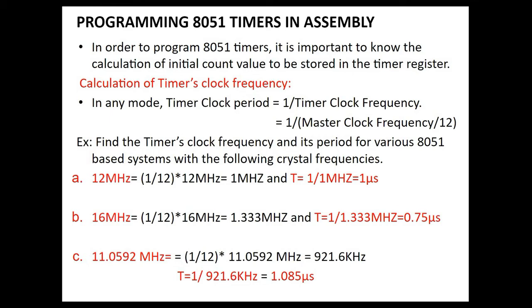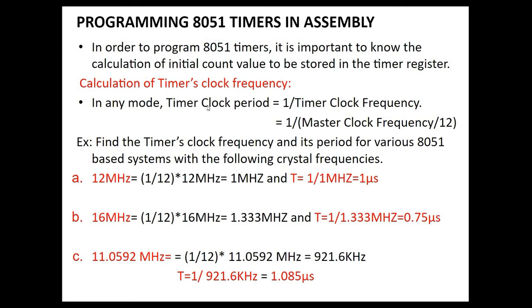As in the first slide, the special function registers reserved for timers are THX and TLX. So the first thing is we need to load values into these registers depending upon the delay we require. For that we have a few steps.